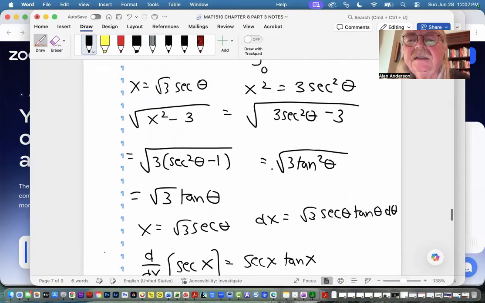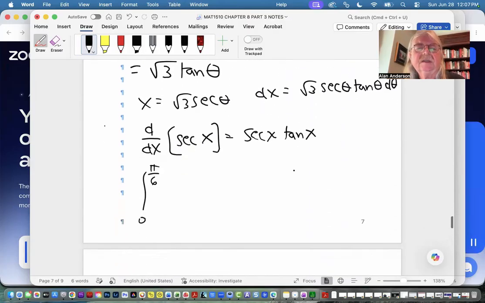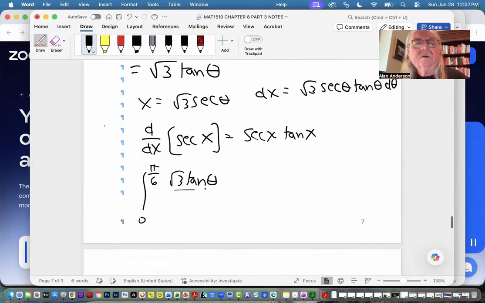So we have radical 3 tangent theta over radical 3 secant theta.